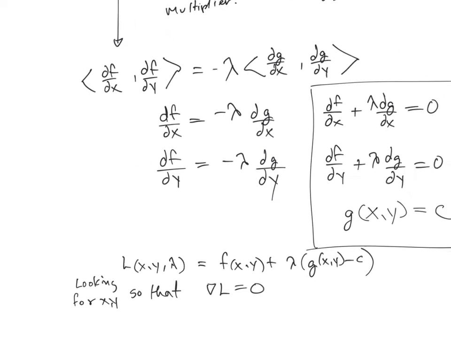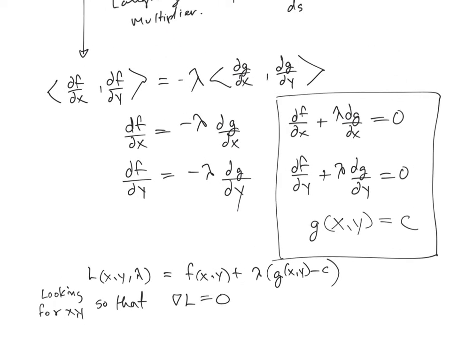And this thing contains all the information we have: the objective function we're trying to minimize or maximize, the constraint equation, and it's also got this lambda in it. Everything up here is the same thing as finding this. So if you took the gradient vector of this, it's a function of three things, so you'll get a three-dimensional vector, and you set that equal to 0.